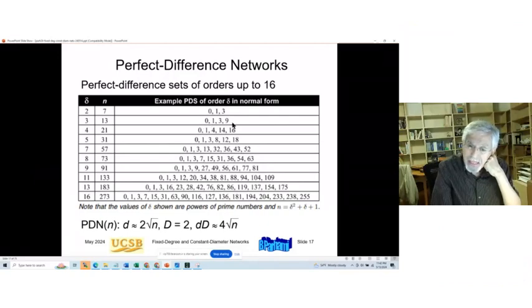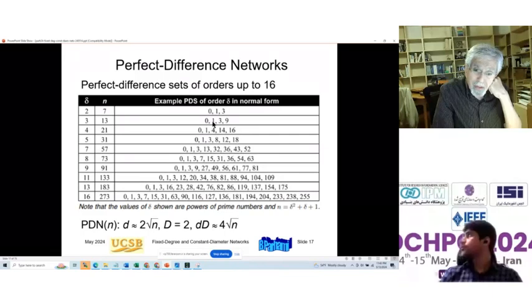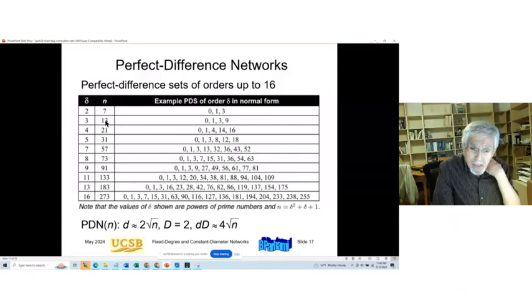Okay, let me go to the second set. So 1 is 1 minus 0. 2 is 3 minus 1. 3 is 3 minus 0. 4, let me see. 4 is, in terms of difference, yeah, so this network has 13 nodes, and therefore arithmetic is done modulo 13.